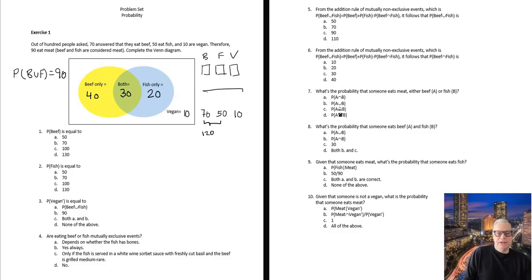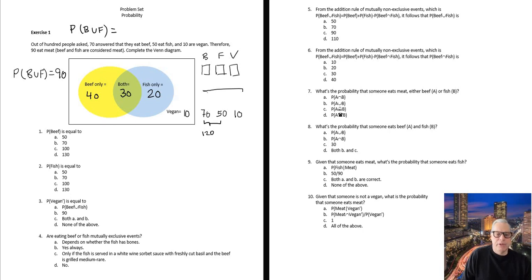So obviously the events are not independent, and so how did we get those numbers? We said the probability of beef union fish, so we know that this is 90.